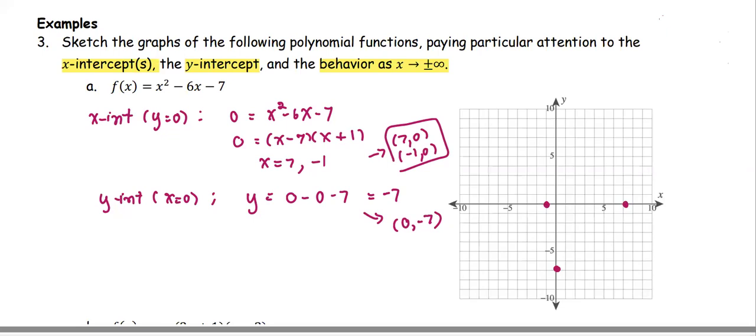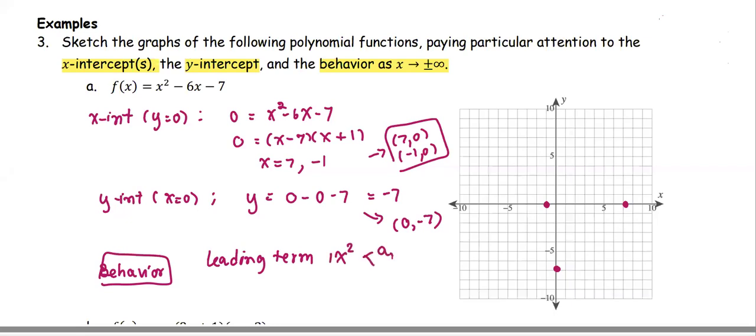And for the behavior, for the leading term, x squared, the a_n equals 1 and the power n is 2. A equals 1 is a positive number, and n equals 2 is an even number.